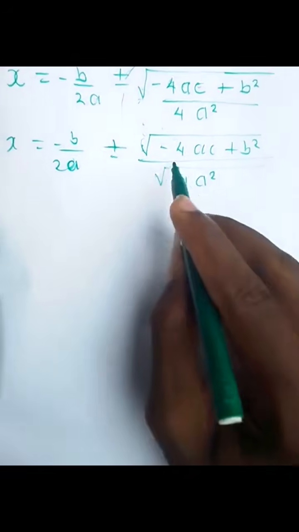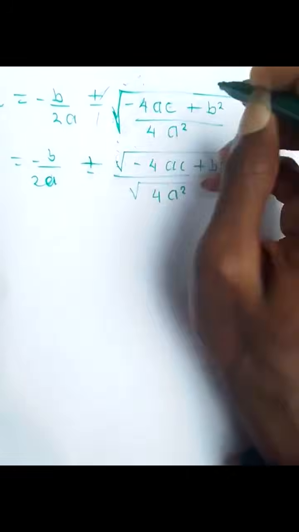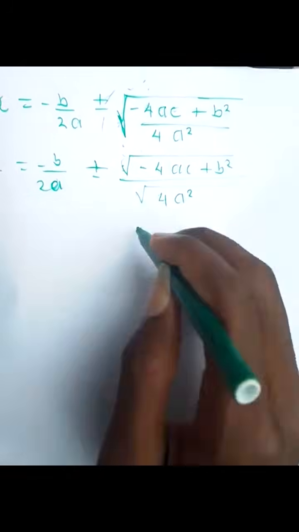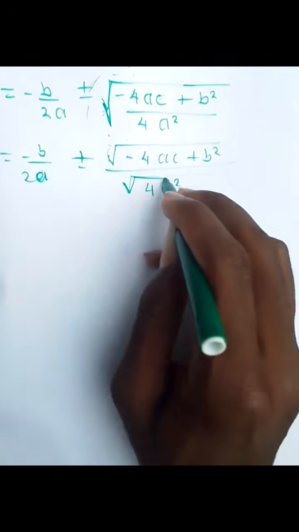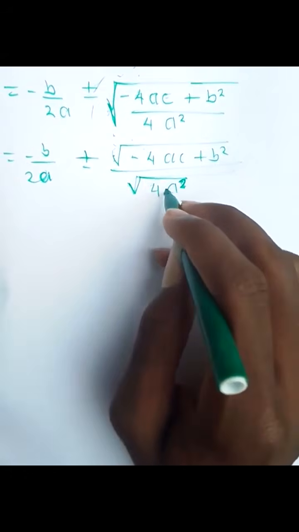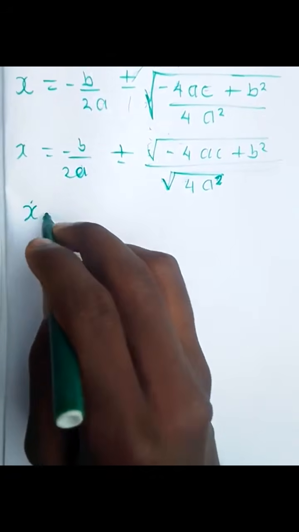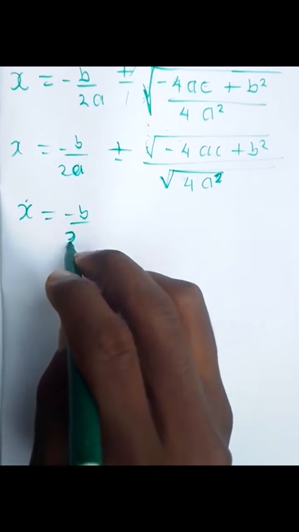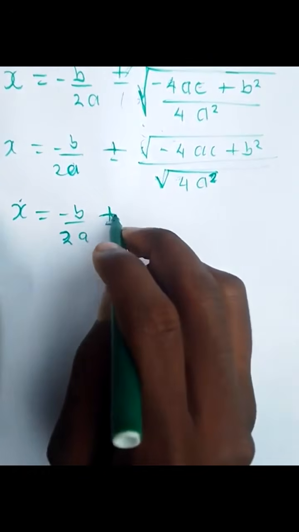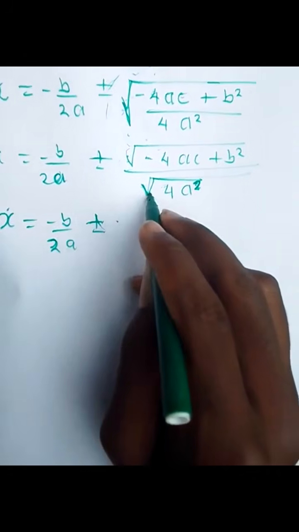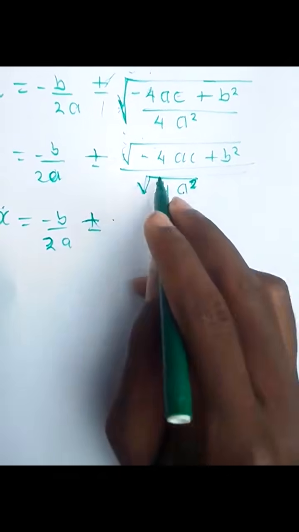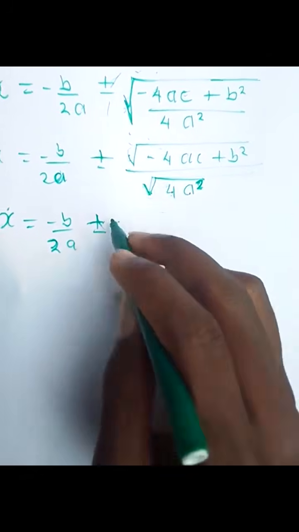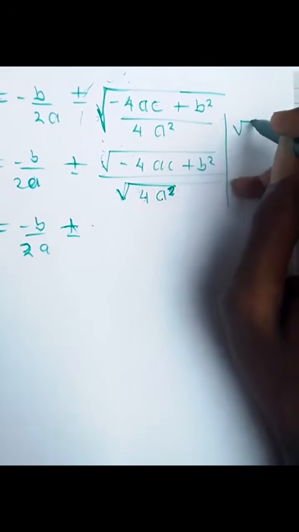So this thing can also be written like this. Now I can simplify the denominator, because we are raising 4 and a power 2 to the square root.